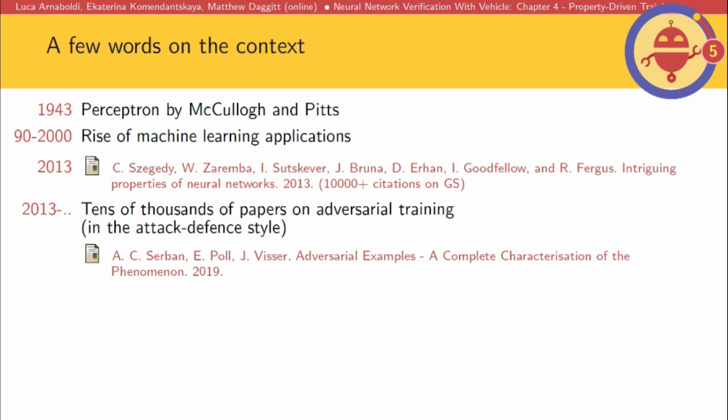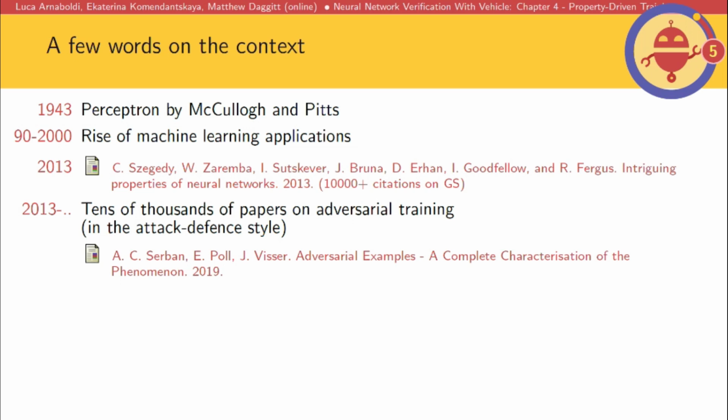And then since 2013 up until now, you go to any main machine learning conference, and the bulk of papers, maybe 50% of papers, will be exactly how you retrain neural networks to be epsilon ball robust. So it's one of the major problems in machine learning nowadays.